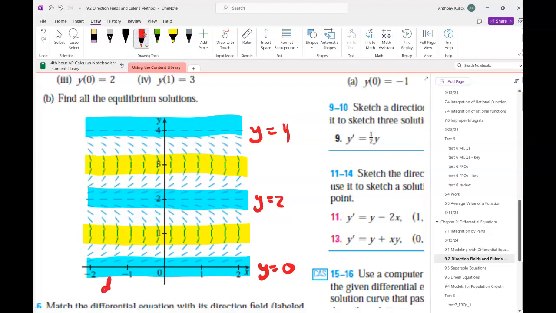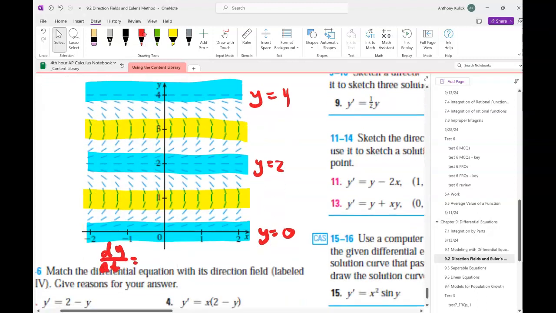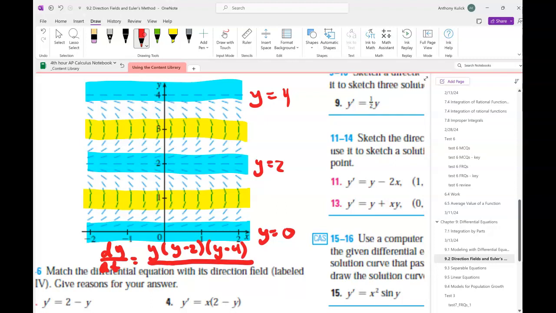So if I were to guess what differential equation might have this slope field, I would want stuff where if y is 0, 2, or 4, the thing becomes 0, and if it's 1 or 3, it would become undefined.